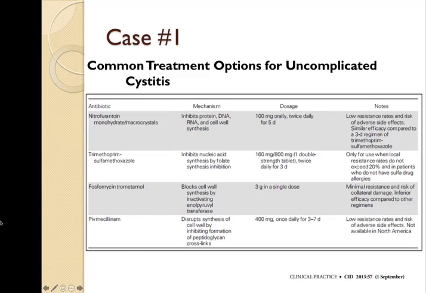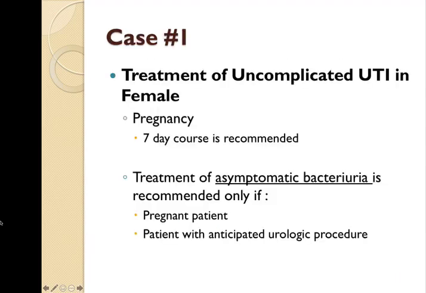It's just the screenshot from the paper which was published in CID back in 2013. So remember, uncomplicated UTI, the recommended duration is 3 to 7 days, except in a pregnant female, it is recommended to treat them for 7 days.